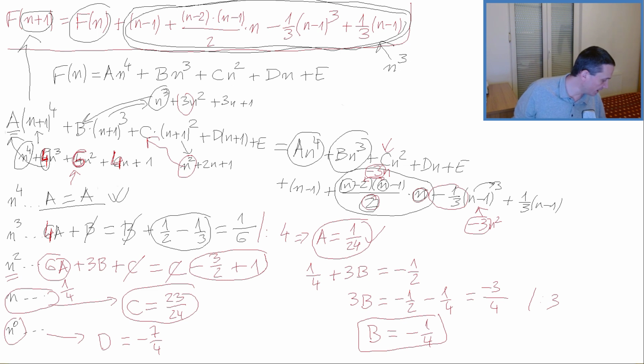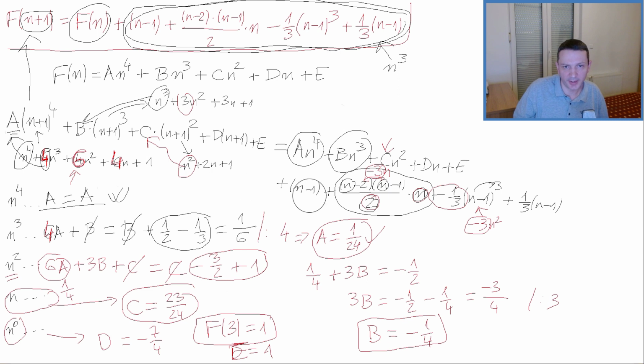And finally, by calculating f of 3, which is equal to 1 for the triangle, we will obtain that e is equal to 1. I will just write down the final formula.